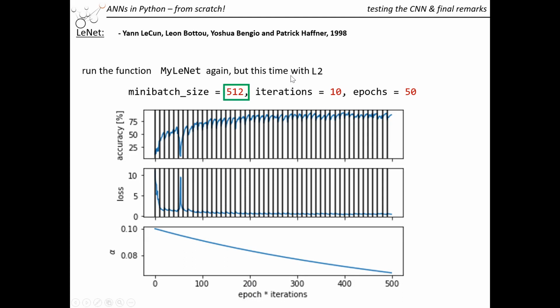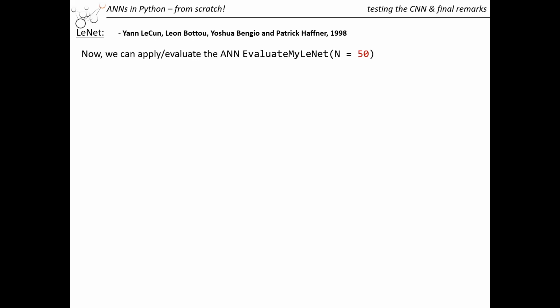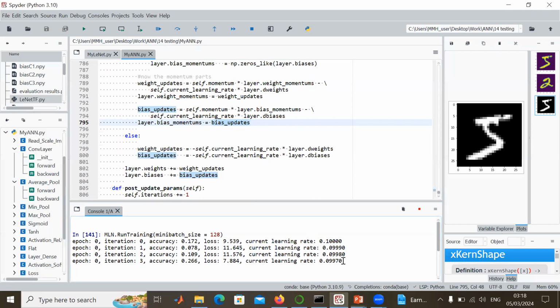So the mini batch size has to be large. And then we run our neural network, and then we can also evaluate this. So let us take a look at the network. It's still running in parallel. I'm recording here, and you can see that the values are improving. But of course, they're not perfect yet.